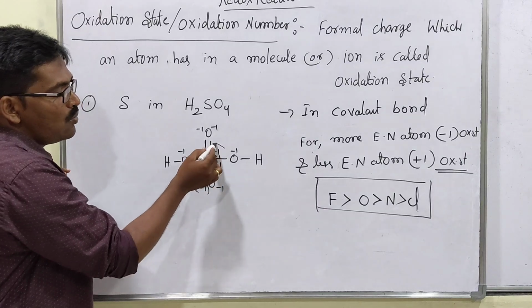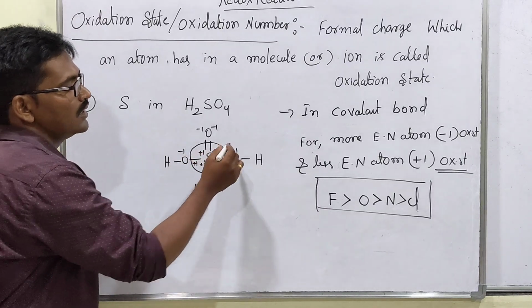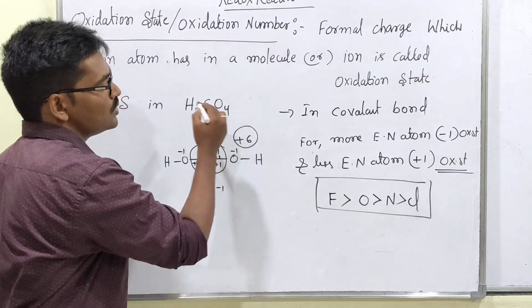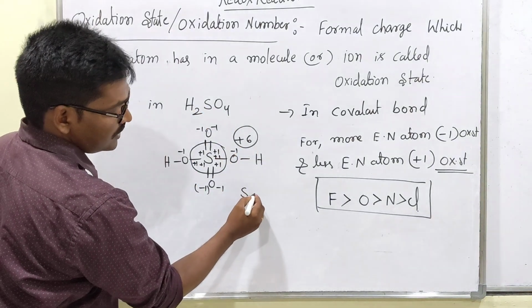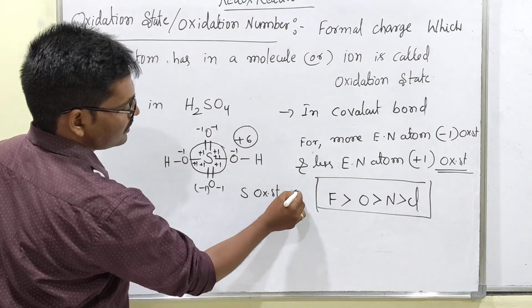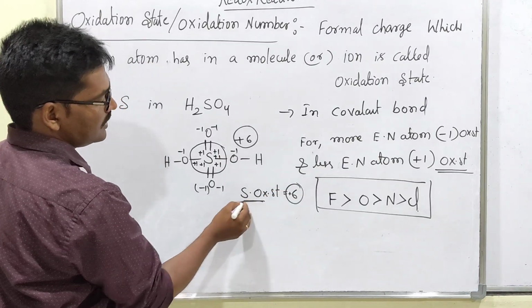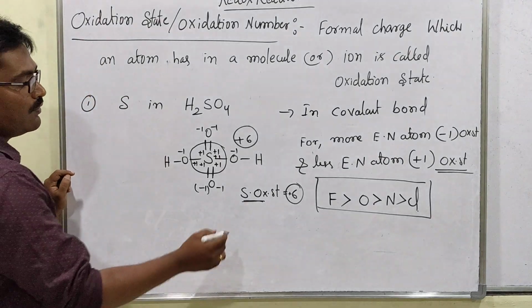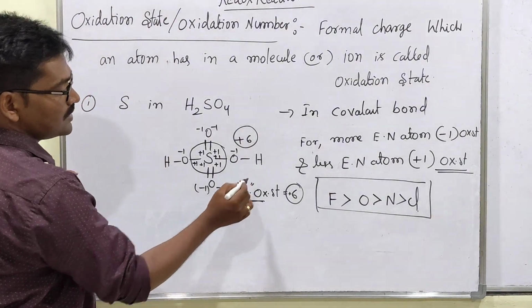So totally how many positive charges can you get? It is +6. So the sulfur oxidation state is +6. +6 is the answer for this. Clear, my dear students? So the sulfur oxidation state is +6.